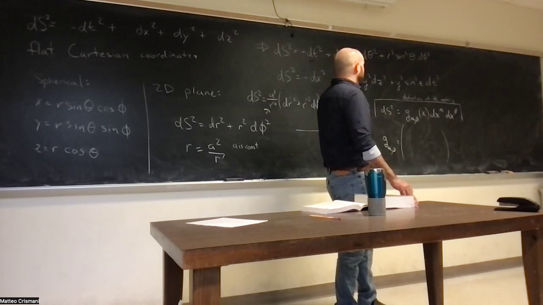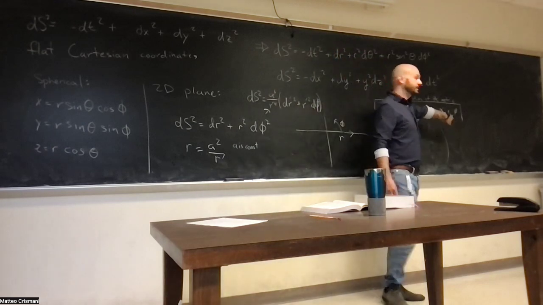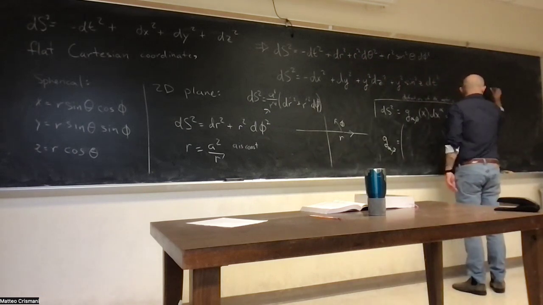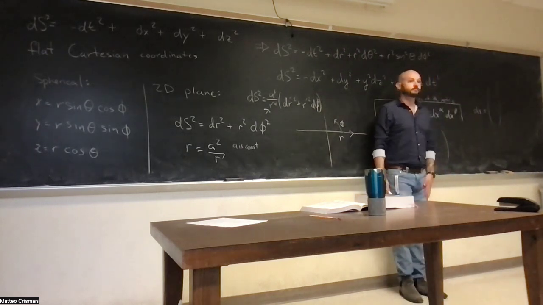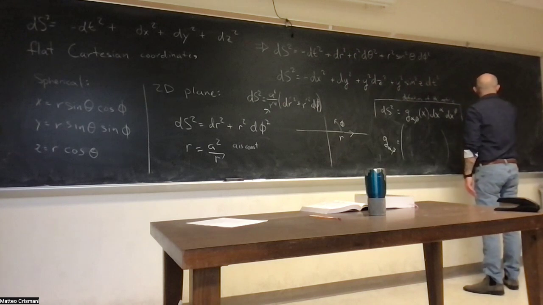Okay, so each of these components, if we think about this as a vector, what is this vector? If I'm writing in the 3D coordinates, dt, dr, d theta, d phi, right?